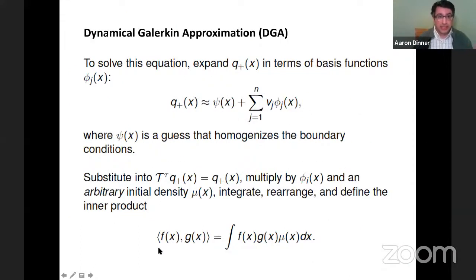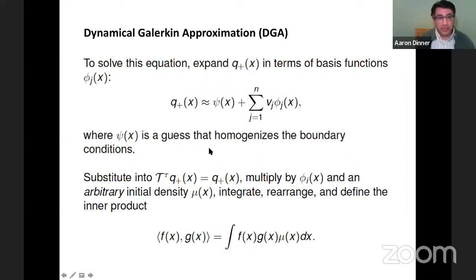Okay, so the way we're going to solve those equations is that we're going to expand each statistic in a linear combination of basis functions. So we're going to have one that's going to account for the boundary conditions. And then we'll have a sum over ones that solve the homogeneous problem. That way we can add and subtract these phi functions without going out of the space.